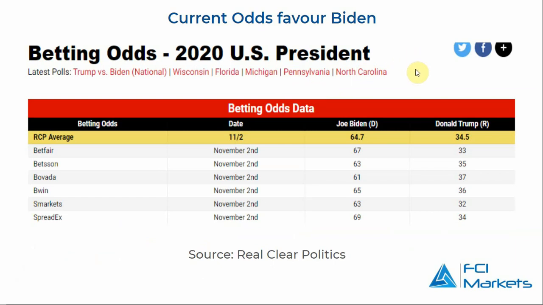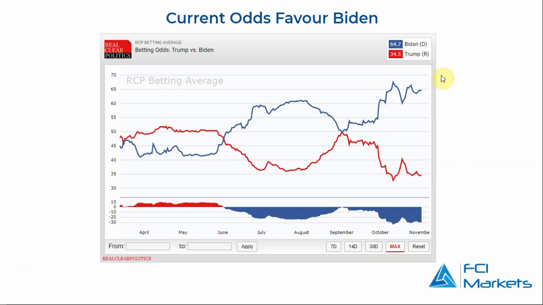The current odds, if we're talking about betting odds from Real Clear Politics here, are obviously favoring a Biden win, and they have been for quite a long time. However, if you look at these odds, they're slightly reminiscent of something we've already seen.